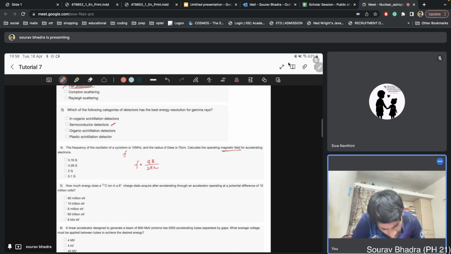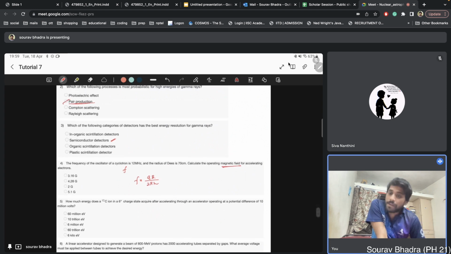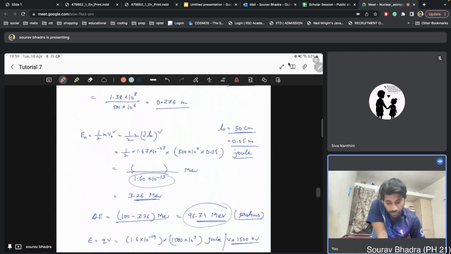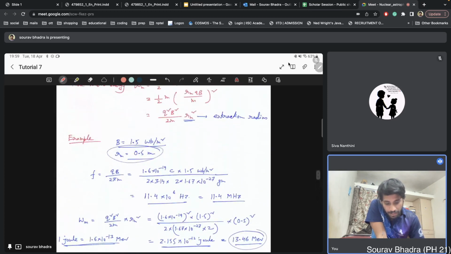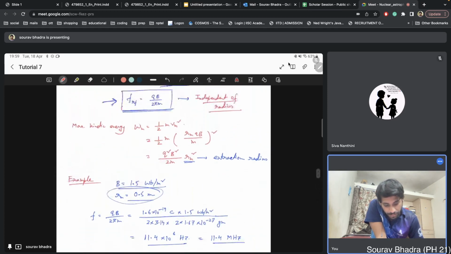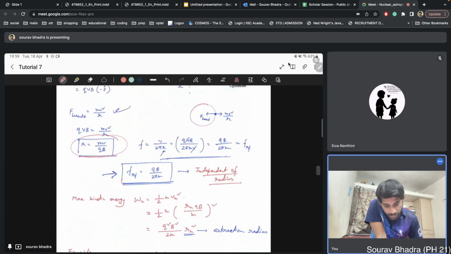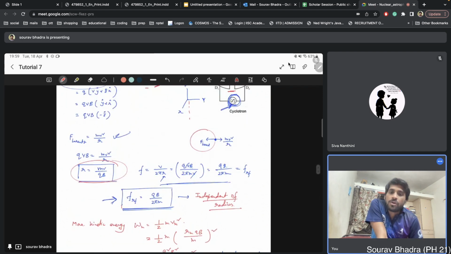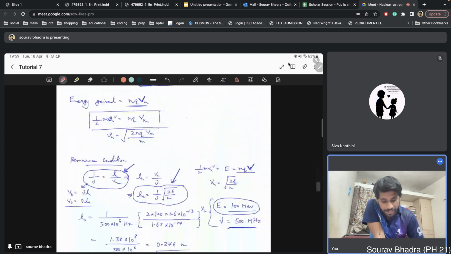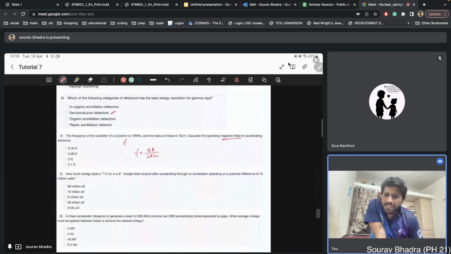I have written F equals QB by 2 pi m. You can also write that in terms of R, because R is mv by Bq. So from this you can write R in terms of B, Q and V itself. Just do that and you will get the result.